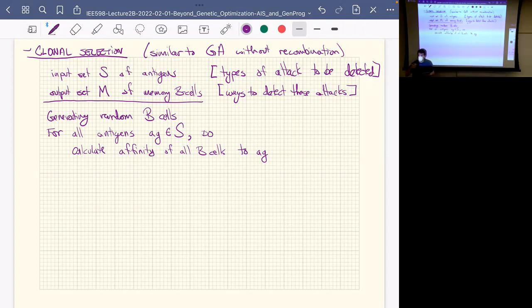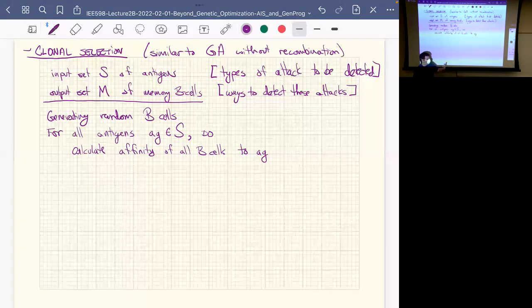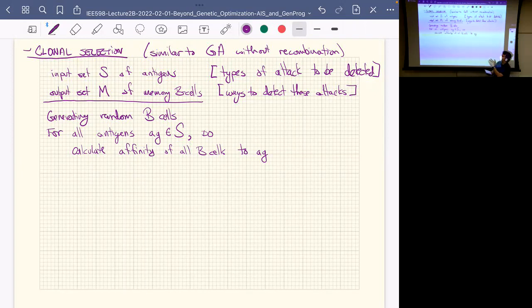If it's a classifier that outputs a number between 0 and 1, before I threshold it to actually generate the classification, you could just think of this as a regression output or something like that. This is like the probability that this is an attack. And so how many of these B cells generate high probability numbers versus low probability numbers. So this is a tool that generates a high number if it matches, a low number if it doesn't, and anything in between if it's not quite sure.